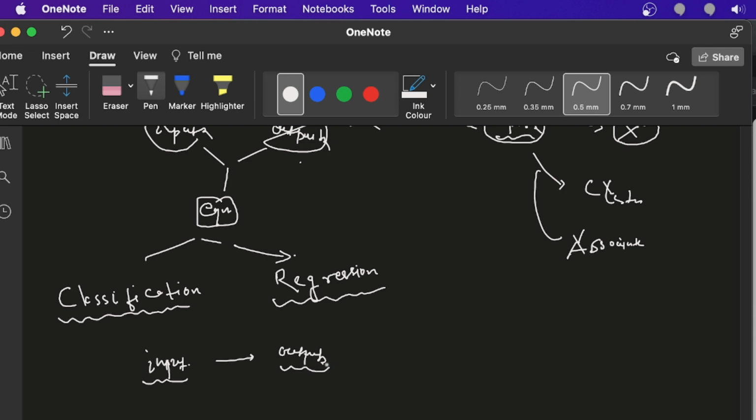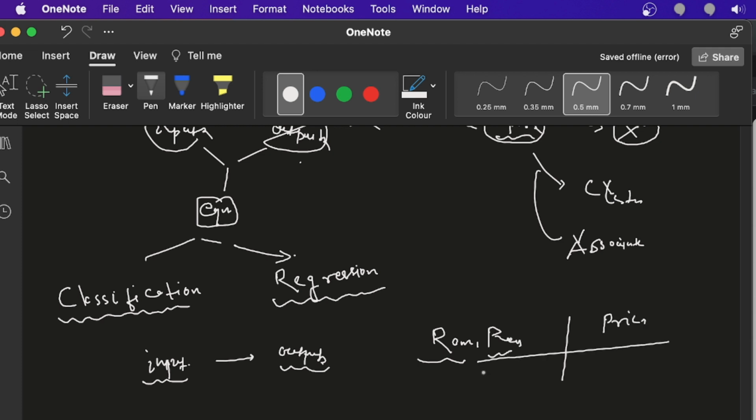Now suppose you are going to train a model which predicts the price of a laptop. You put in the value of RAM and processor, and you will get the price.